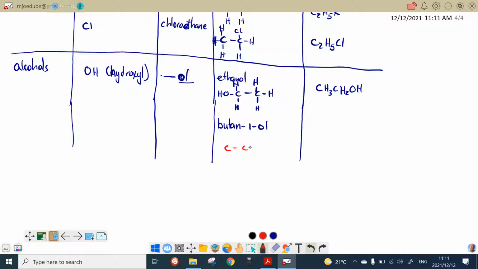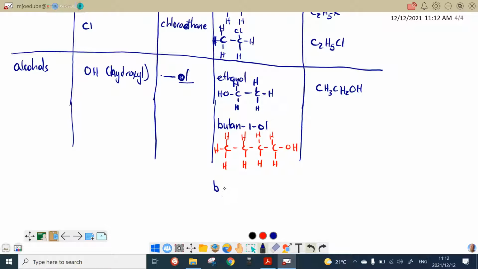So there's your 1, 2, 3, 4, and then you've got your OH there, and you would have something like that, counting that around each carbon you have a tetravalent arrangement. Right, so in this case, this becomes carbon number 1, and that's carbon number 2, counting from right to left, and so this is going to be your butan-1-ol. You could have another one which could be butan-2-ol.